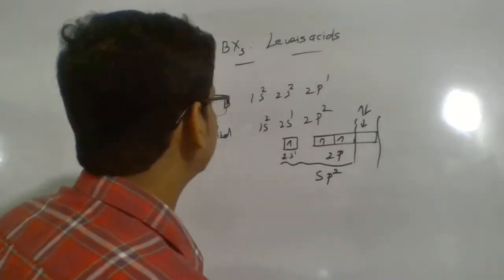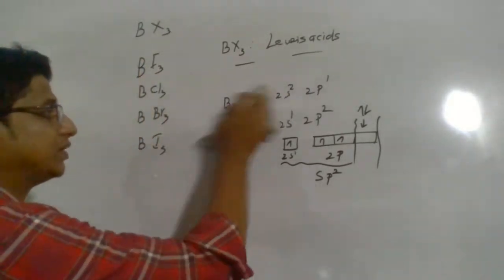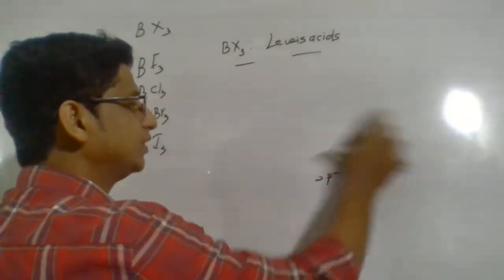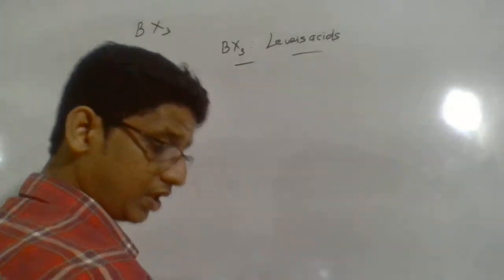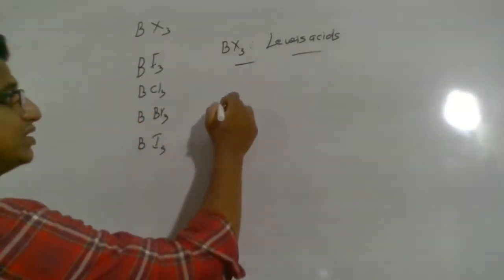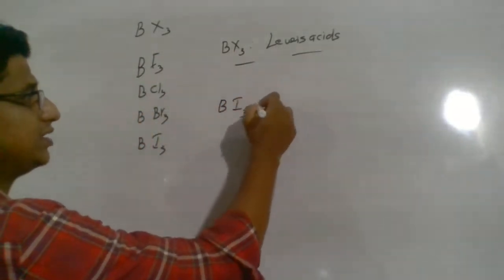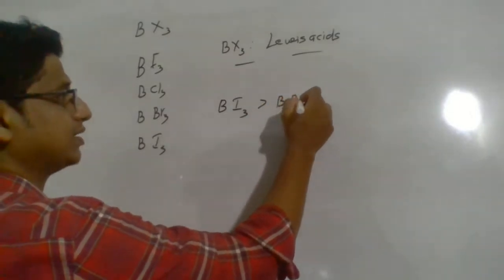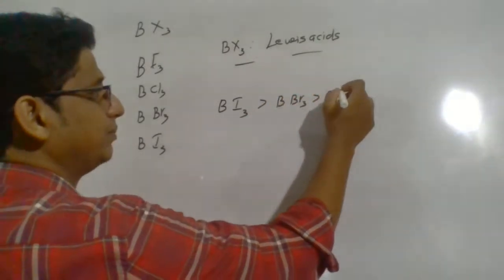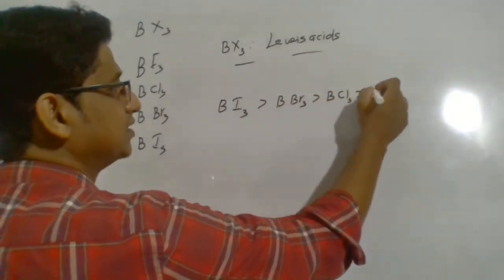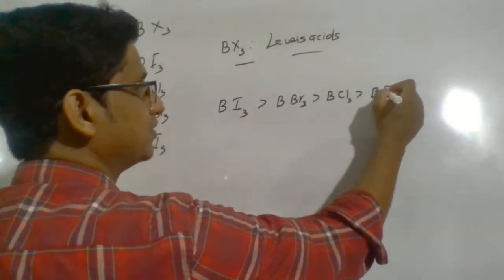Now let us think about the order of acidity among the boron halides. Interestingly, it is observed that BI3 is more acidic than BBr3, which is more acidic than BCl3, which is more acidic than BF3.